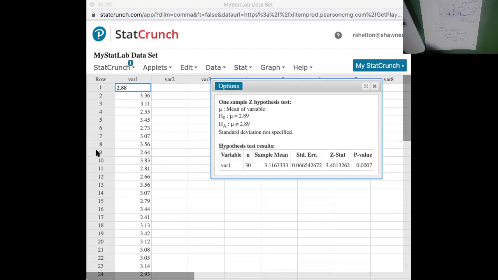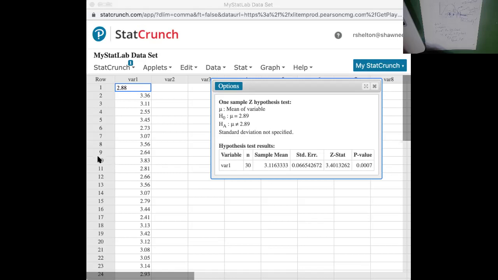And you see that here too, because for a two-sided test at 95% confidence, z star is 1.96. And here you see our sample z is 3.40. It's much bigger than z star.